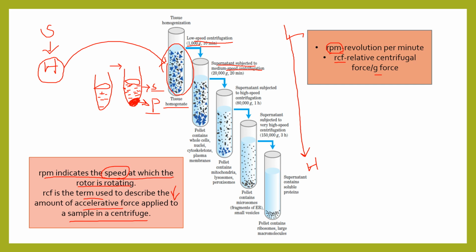So after low speed centrifugation, 1000 g for 10 minutes, what did we get? The pellet contains whole cells, that is nuclei, cytoskeleton, and plasma membranes. Then we collected the supernatant into another test tube.